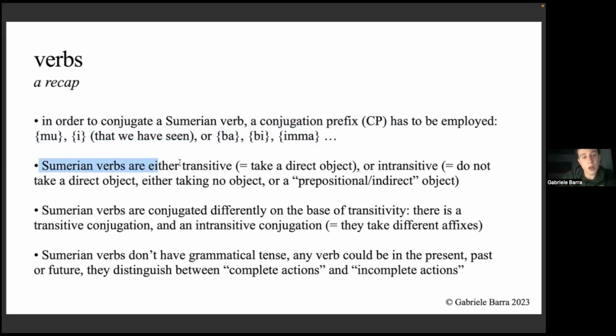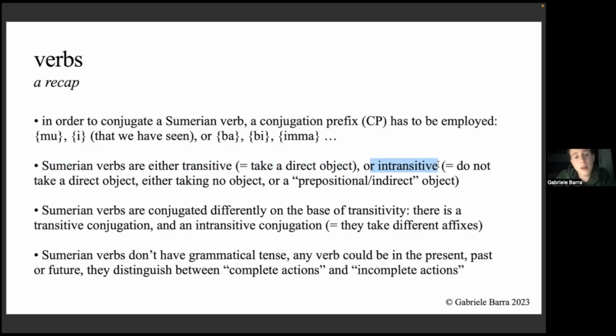Now, Sumerian verbs are either transitive or intransitive. Transitive means it takes a direct object. So I eat the apple. The apple is the object. Or intransitive, which can mean that the verb doesn't have any object, like I blush, I stink, I cry.